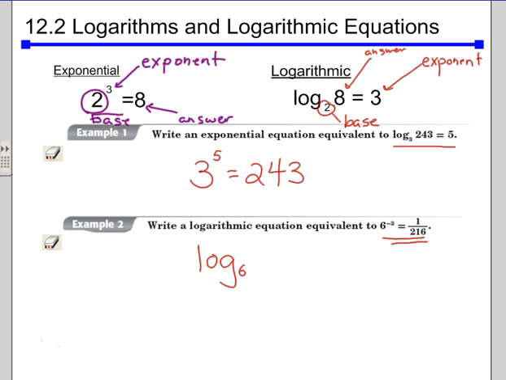It's lower and a little smaller. That's how we write the base. And we said logs are always equal to the exponent. What's the exponent in this? Negative 3. And then we put 216 here. So this is the log base 6 of 1 over 216 is negative 3. And now you've done it.